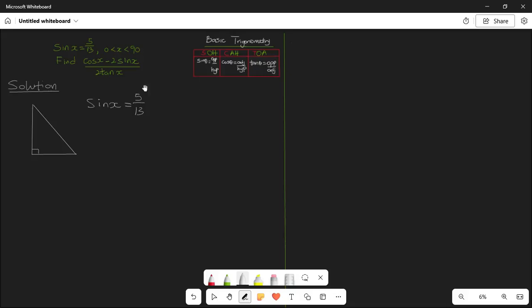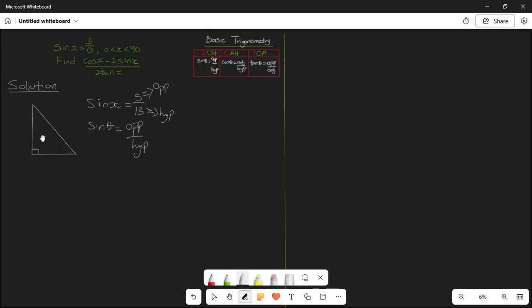So if sine theta equals opposite over hypotenuse, that means 5 is the opposite and 13 is the hypotenuse, just by comparing these two. So 5 automatically is the opposite, while 13 is the hypotenuse. So we are going to put all this in our triangle.